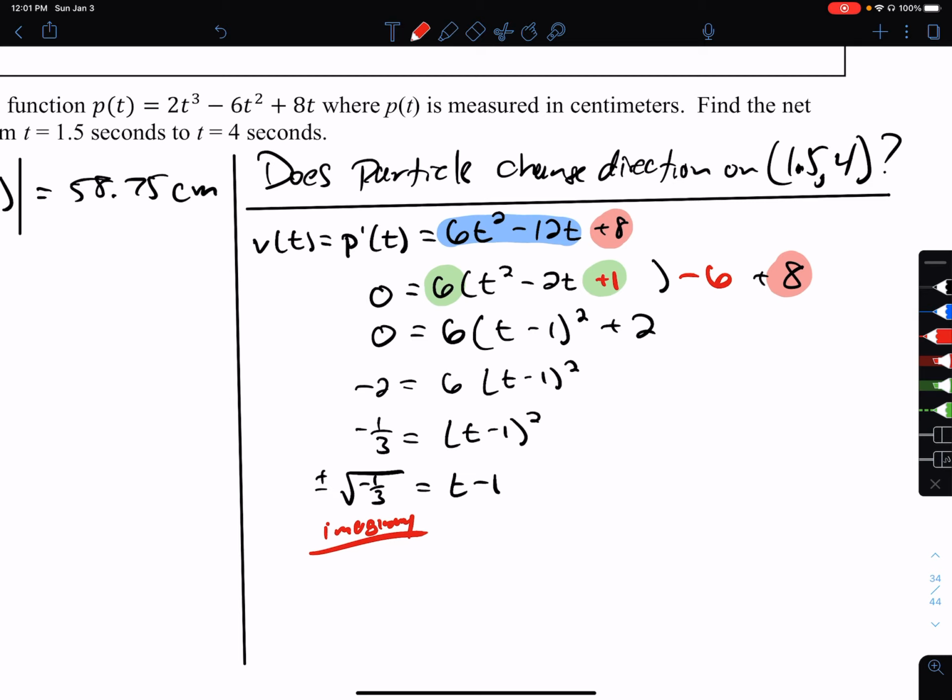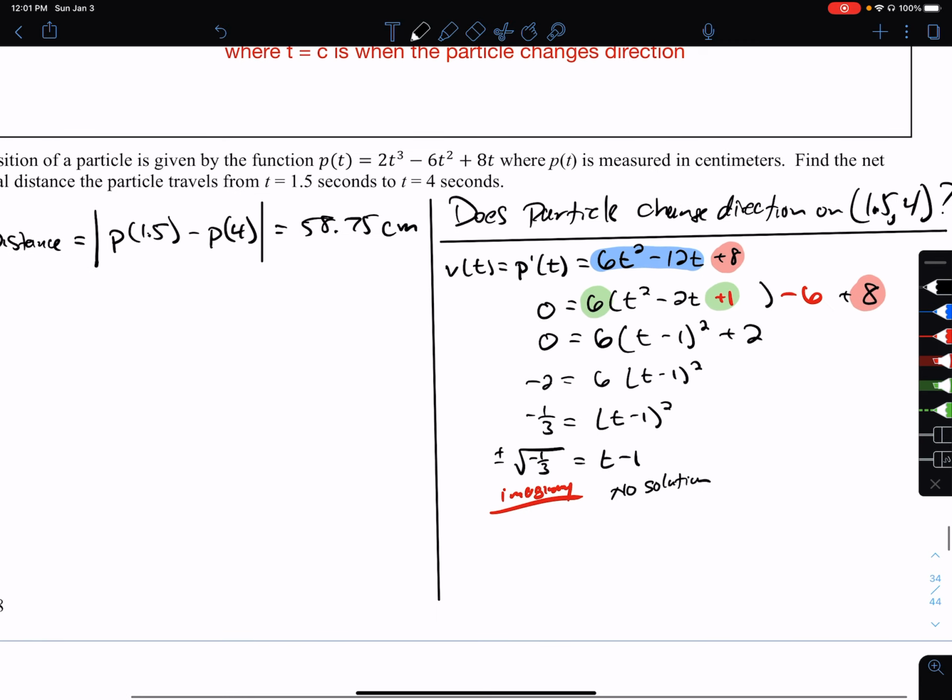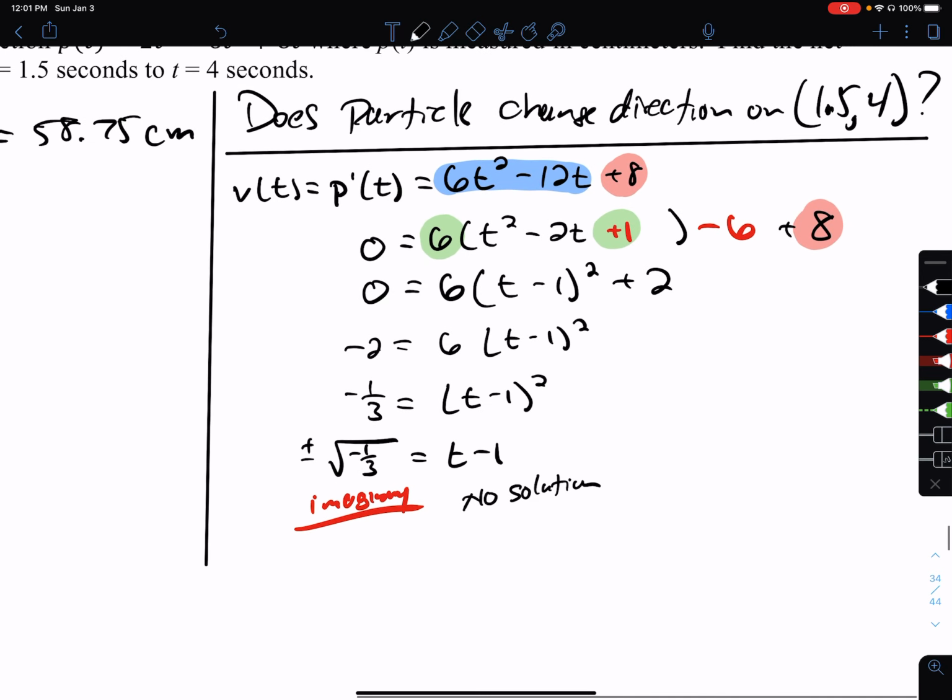Since the velocity never equals 0, this particle could not be changing direction any place on this interval. So I would say this has no solution. And then I could make the following conclusion. Does the particle change direction? No, the particle does not change direction.